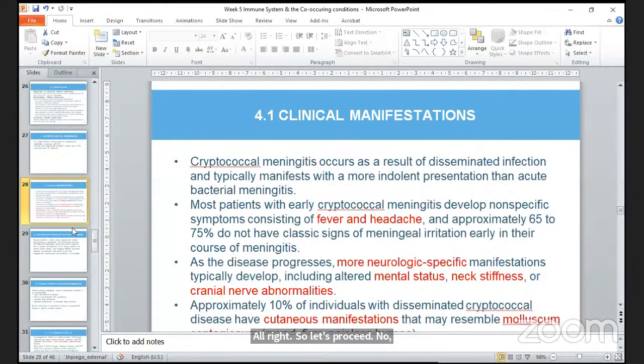Now, as for clinical manifestations for cryptococcal meningitis, we have fever and headache.